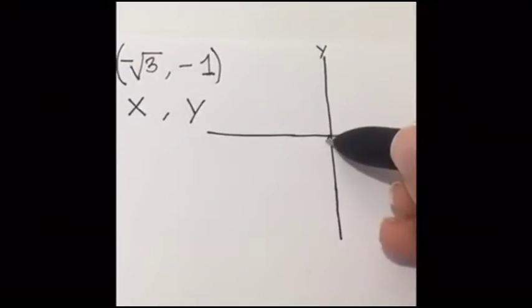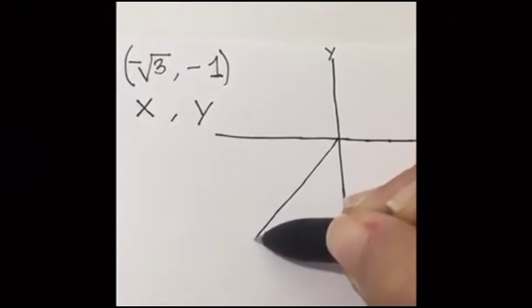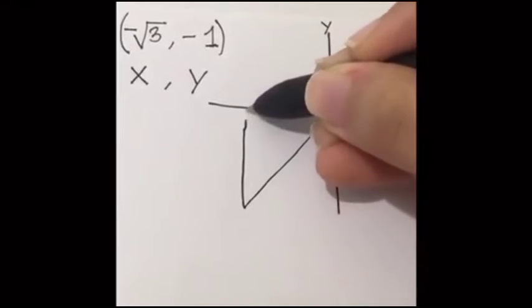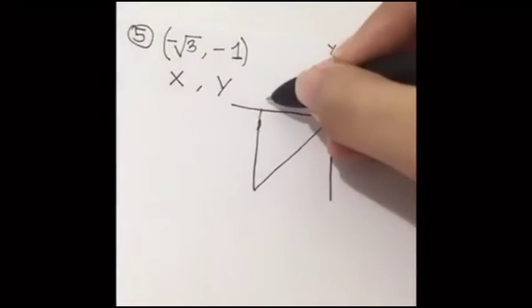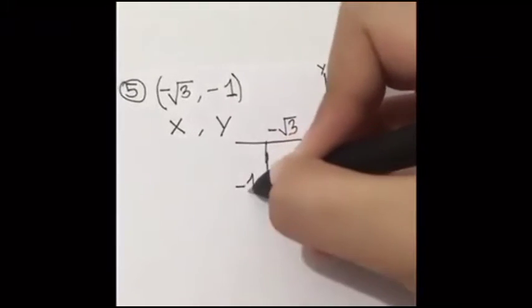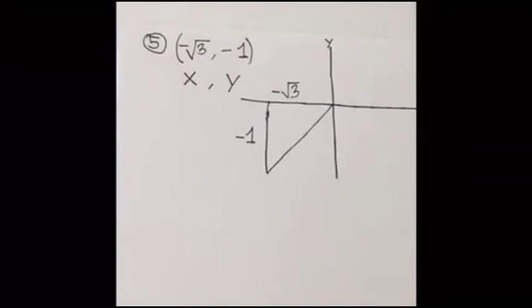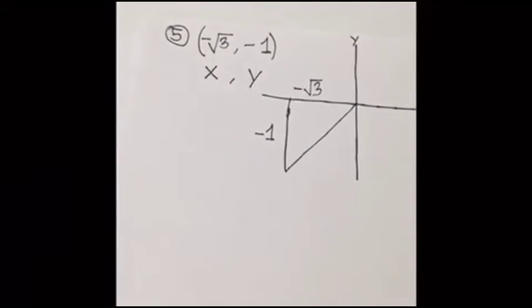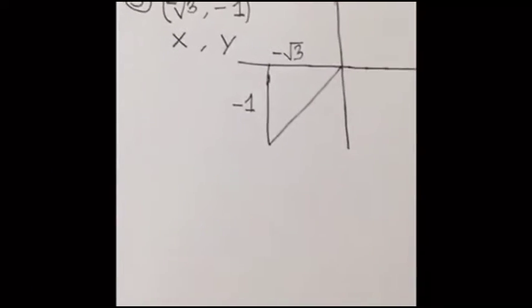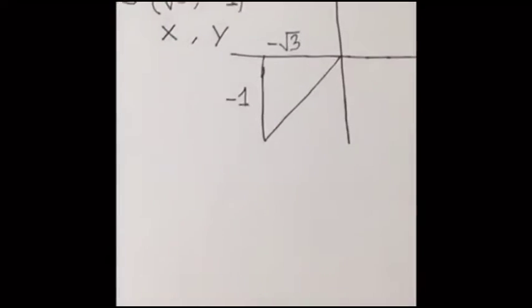So we're gonna draw a right angled triangle, whatever you call that. Now this will be -√3 and this will be -1. So if we really want to solve this, we should be finding the hypotenuse. On finding the hypotenuse, we have to use the Pythagorean theorem.